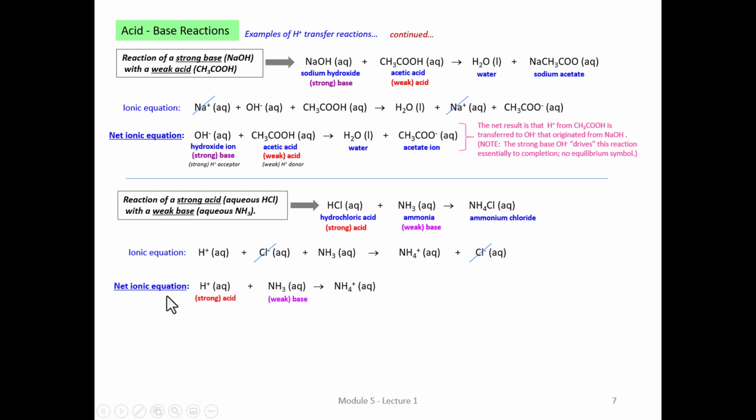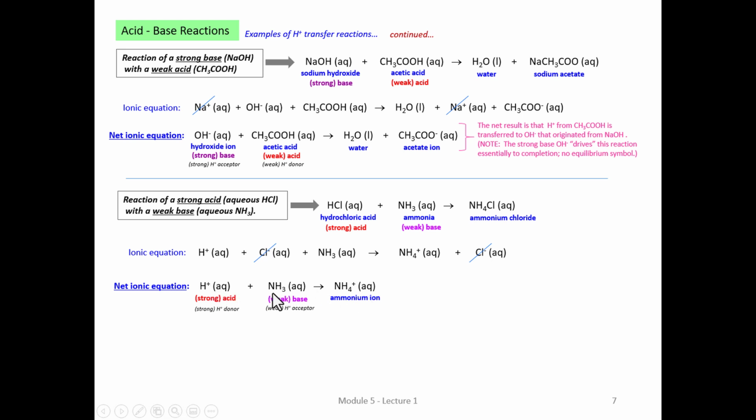And the net result is that an H plus ion, which is from the HCl, acting as the strong acid, interacts with the weak base ammonia to completely form ammonium ions. And the strong H plus is driving this reaction to completion.